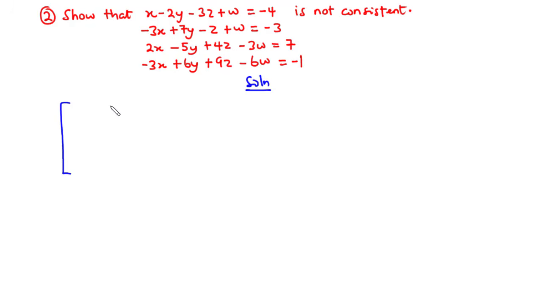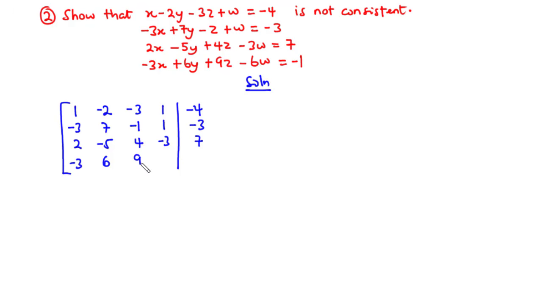Writing the coefficients and the constant on the right hand side of the equal to sign, we have 1, negative 2, negative 3, 1, negative 4, negative 3, 7, negative 1, 1, negative 3, 2, negative 5, 4, negative 3, 7, negative 3, 6, 9, negative 6, negative 1.